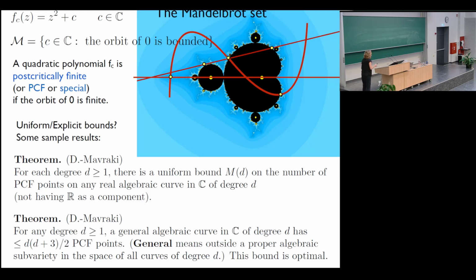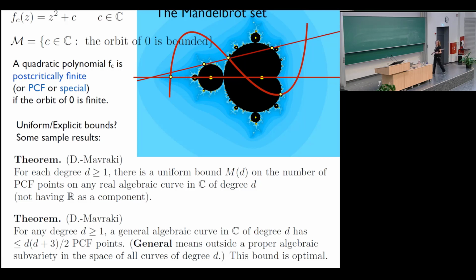But one thing we can say is that for a general curve of a given degree, which really means most curves from an algebro-geometric point of view, most curves in a given degree, we do know the bound, and it's sharp. We know that for a given degree d, a general algebraic curve, real algebraic, I'm doing real here, but it works for complex as well, a real algebraic curve will contain at most this many special points.